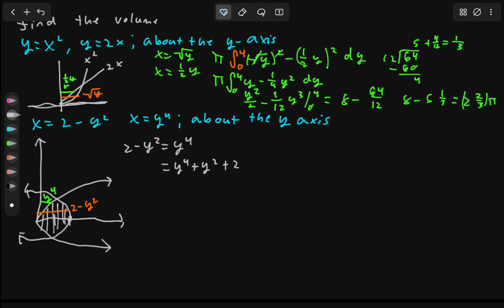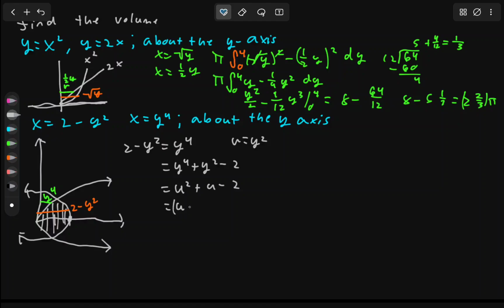How do I want to solve this? Maybe I can say u is equal to y squared. So we would get u squared plus u plus 2. However, I don't think this has any viable solutions. Give me one moment. Okay, so it's minus 2, sorry. That's what I was messing up. So now we can factor this.